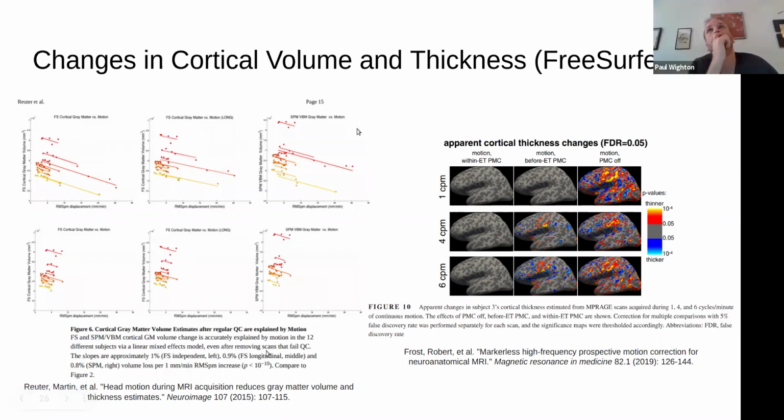Let's see. I would have to think about it. If these were estimates from a phantom, which allows estimation of volumes and thickness, for example, then we could definitely check. I was just curious. It's not obvious to me.